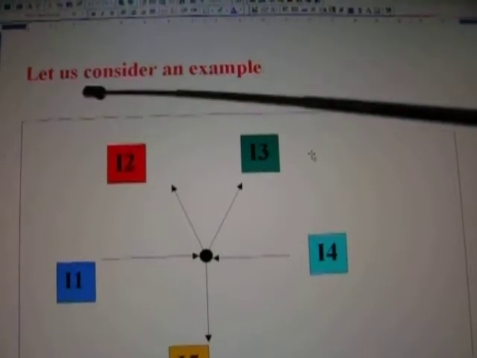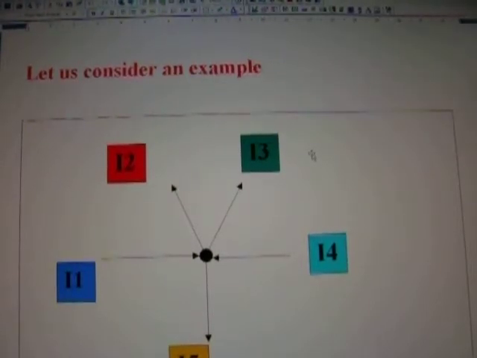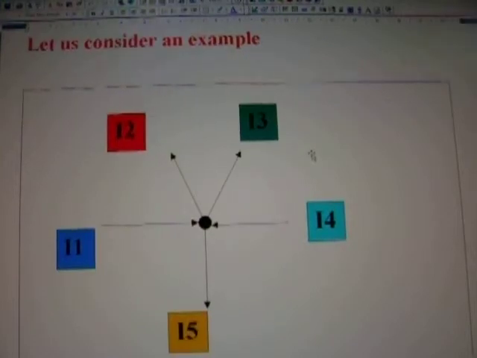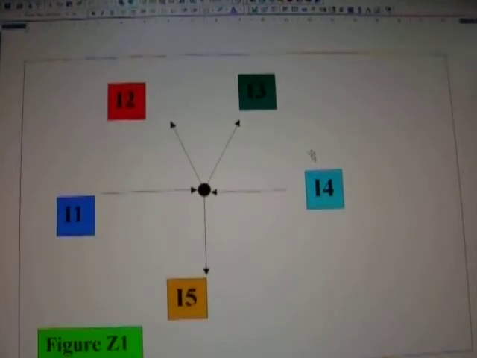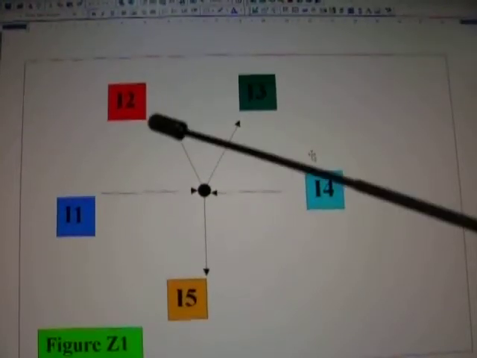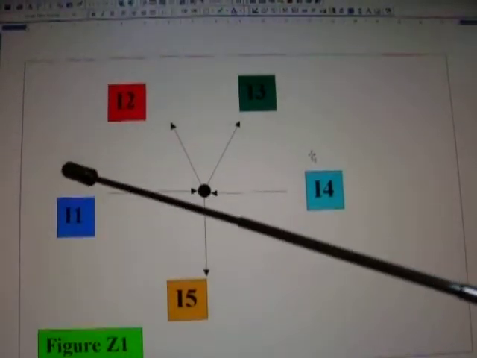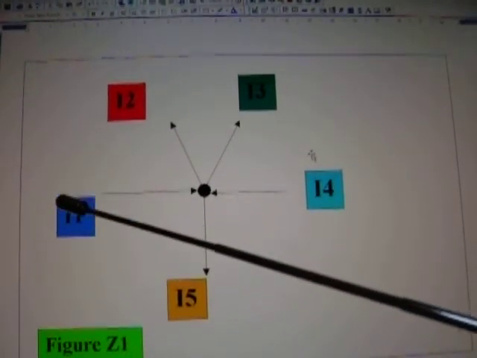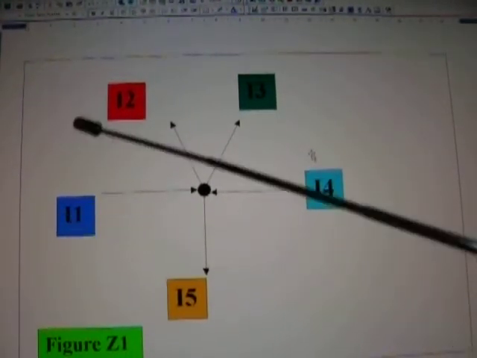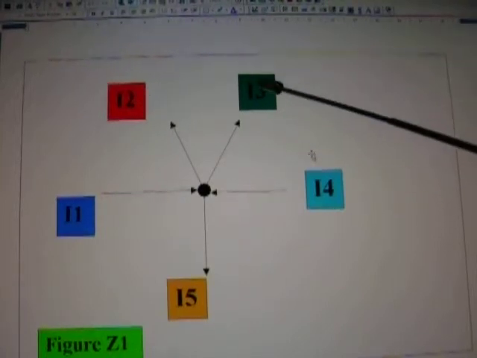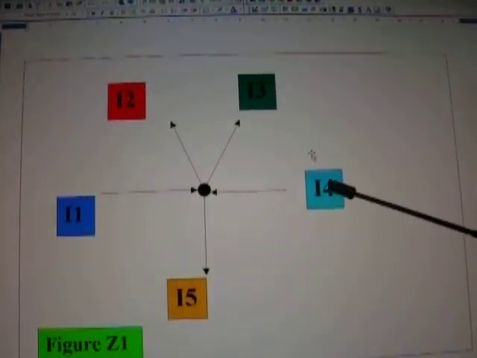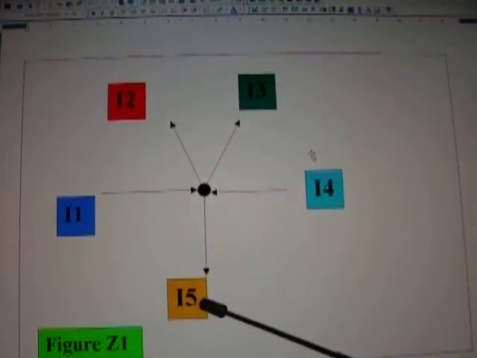Let us consider an example. Here I've given you a figure Z1, and in Z1 we start sequentially. So we have I1, I2, I3, I4 and I5.